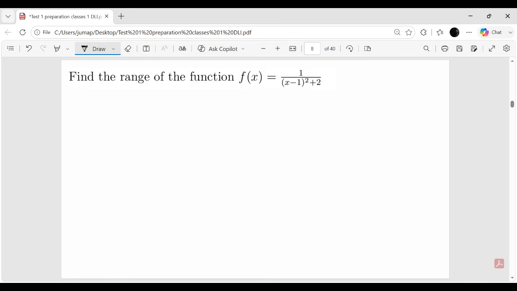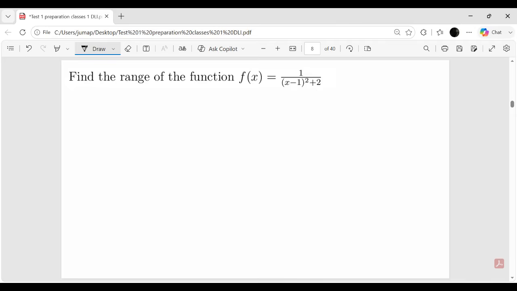So now we have a function here. They're asking us to find the range of the function f of x equals 1 over (x minus 1) squared plus 2. Now I like to solve these questions like this.